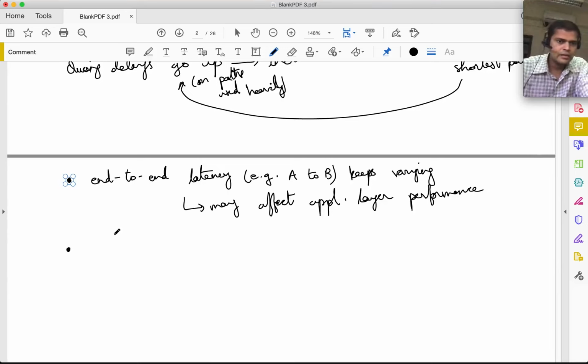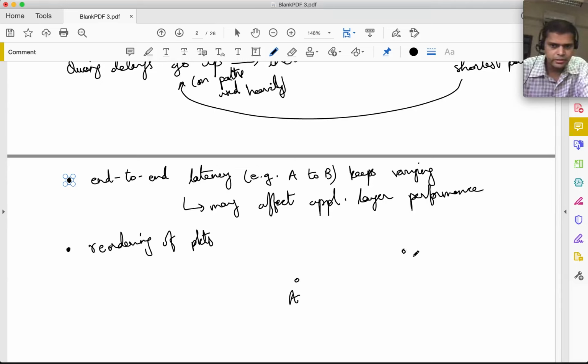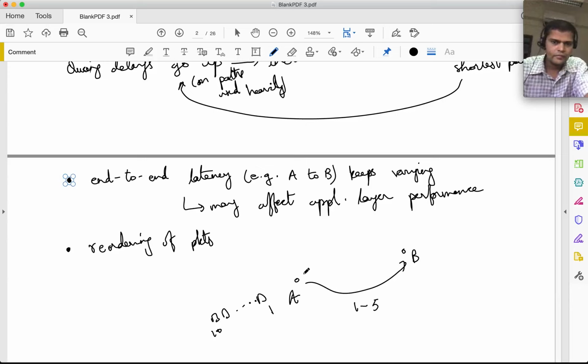And besides that, it could lead to reordering of packets. So this is A and this is B. So I'm sending packets, let's say 1 to 10, and just labeling them 1 to 10. 1 to 5 may go this way, and 6 to 10 may go this way.